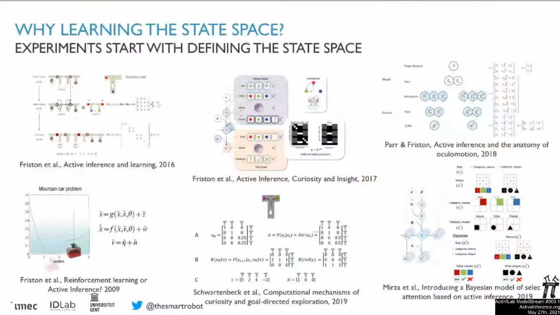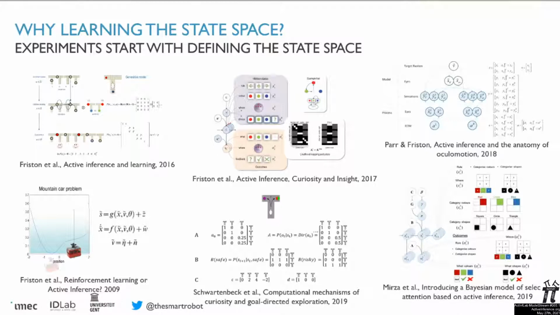So why would you bother learning the state space? If you look at active inference papers from the recent years, then typically you will find a figure like the ones that are on the slide. So you have this figure of what is the kind of environment that you're modeling, and then a whole description on how the model should look like.